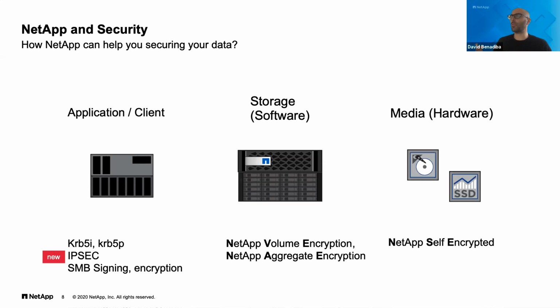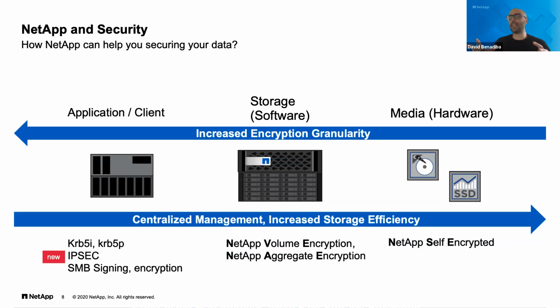And we have also a way to encrypt the data using hardware-based encryption, where we are using some drives which have a little chip inside that is doing the encryption. Those drives are called NetApp Self-Encrypting Drives. It could be spinning drives, or it could be SSD drives. Okay, and you can use them all together.